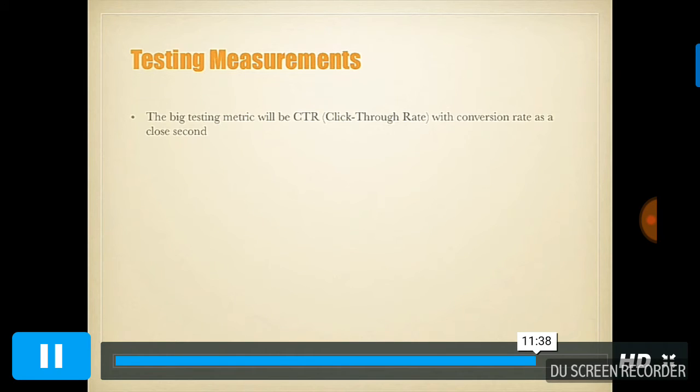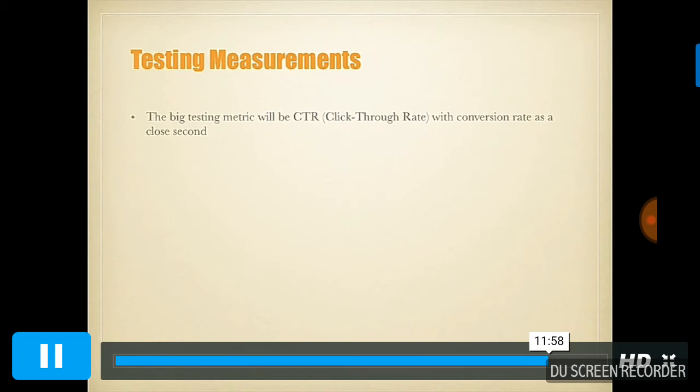The most important testing metric for your banner ads will always be your CTR, your click-through rate, with the conversion rate as a secondary consideration. Just like with emails, if the banner ad doesn't intrigue them, doesn't interest them, they're not going to click through. So if you have a low CTR, your banner ad is not doing the job that it should be.